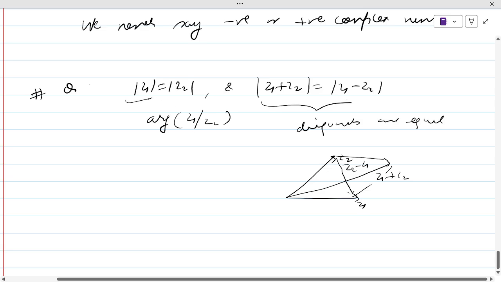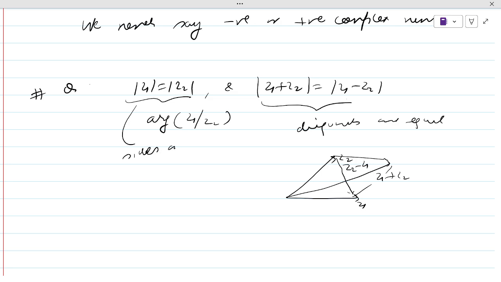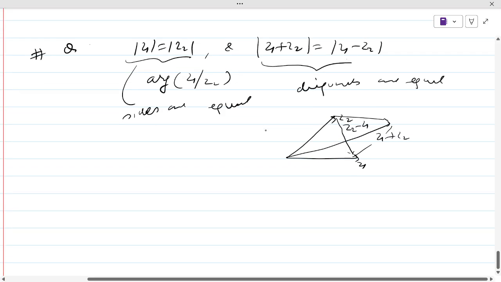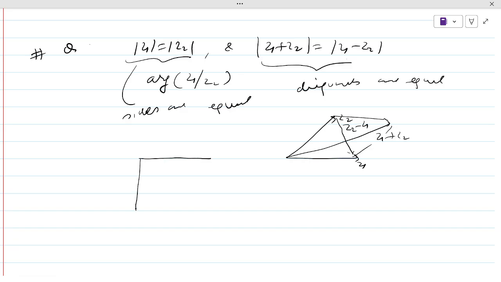And what does this mean? It means the sides are equal. So the diagonals are equal and the sides are also equal. That means which kind of geometry is this? It is a square. Let's say this is z1, this is z2.